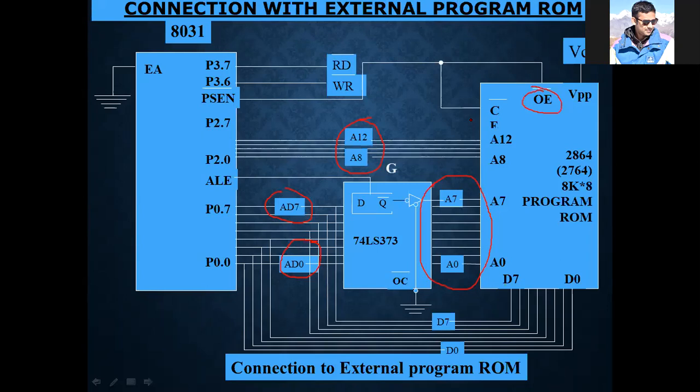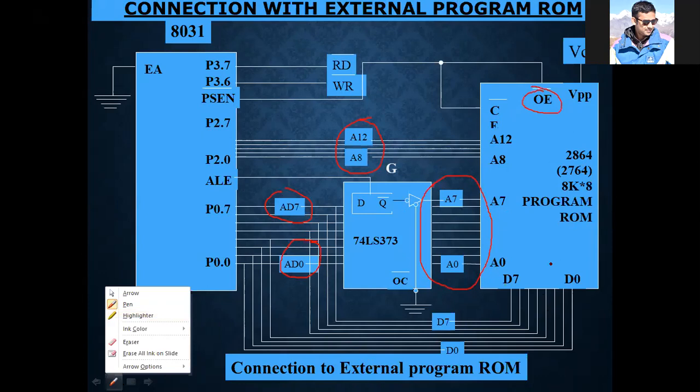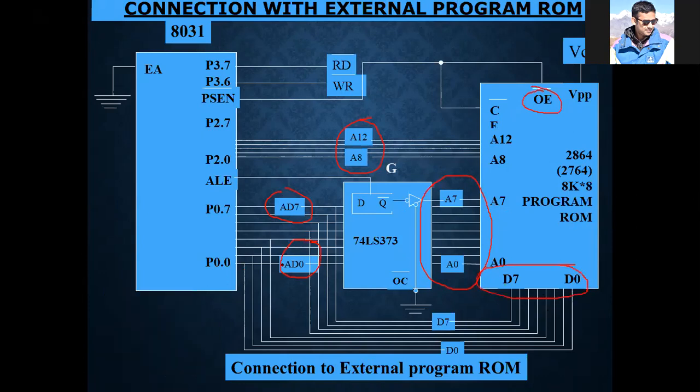Okay, whenever this PSEN bar goes to the output enable, then this particular program ROM understands that, okay, I need to give the output to the microcontroller. Now what is the output? Nothing but these addresses and this data, which are transferred between the microcontroller and the ROM.